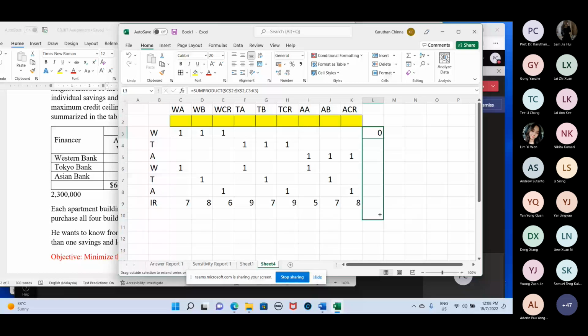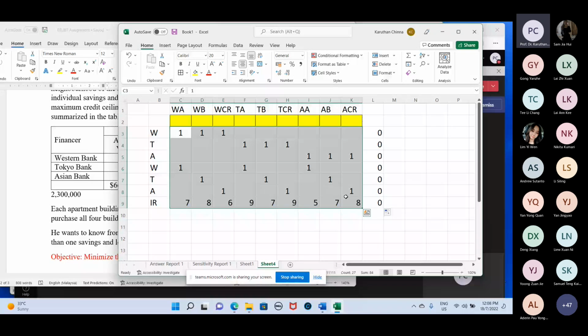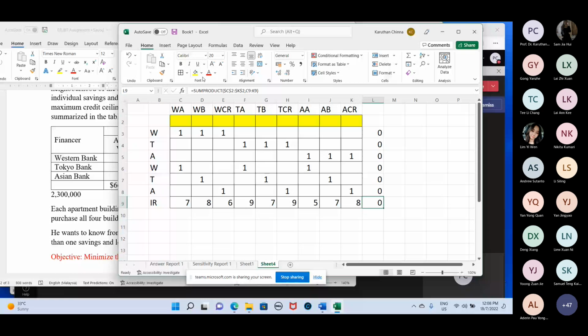So that's my objective function. How much of the loan are we going to take from there?